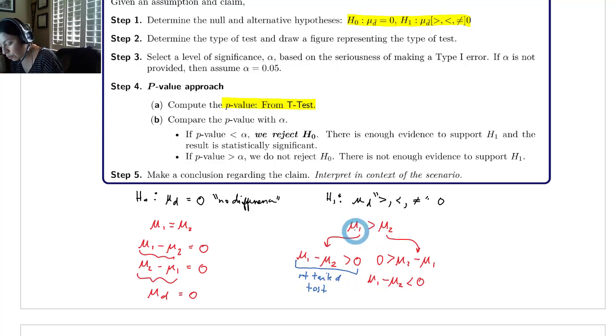When I moved mu sub 1 over to the right side, I got 0 greater than mu sub 2 minus mu sub 1. But if I put 0 on the same side on this right side, and it eats the larger number, it's mu sub 2 minus mu sub 1 less than 0. And therefore, it becomes a left tail test.